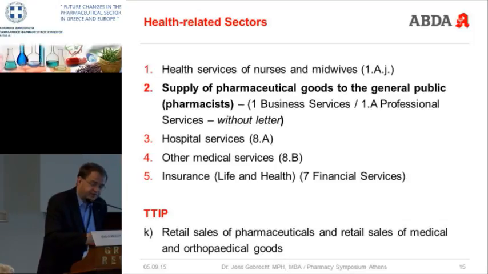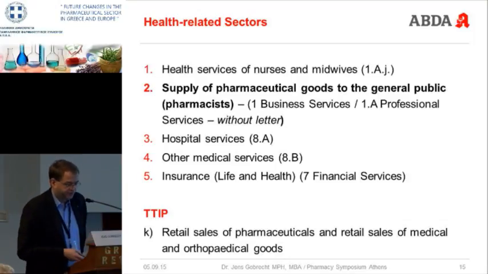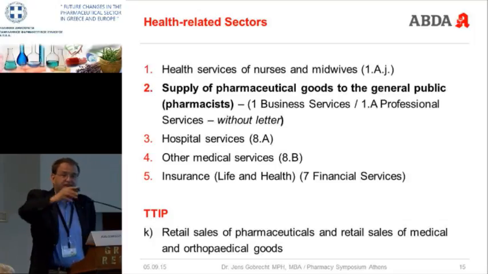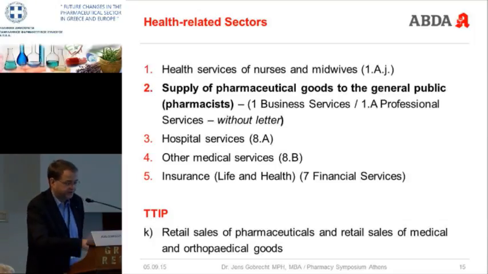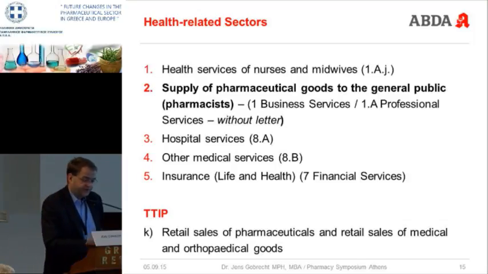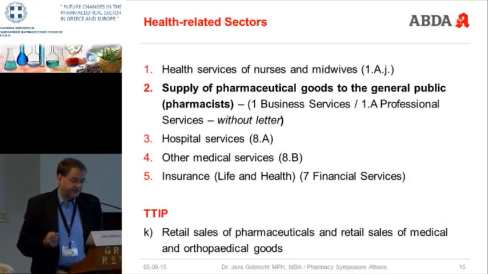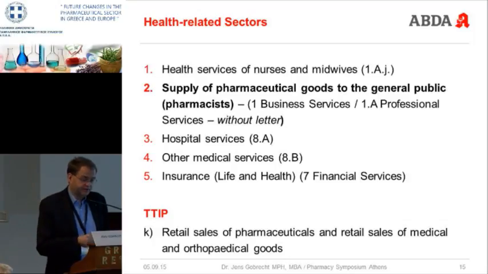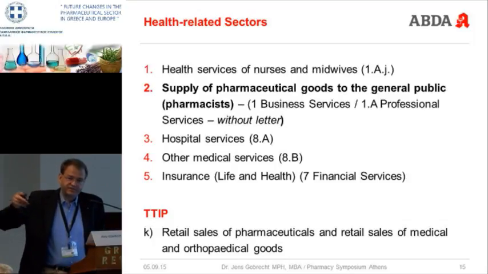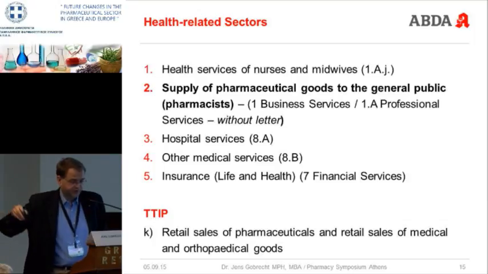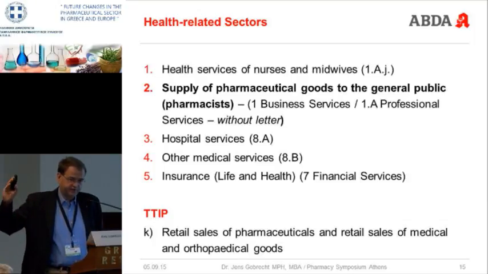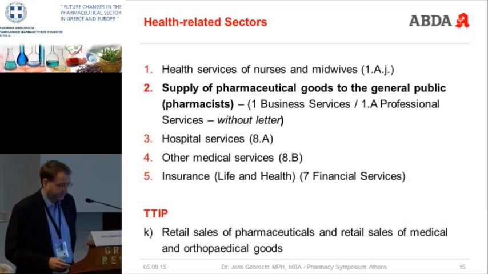And this you have to search for it. It is under business services and then professional services, and then the last one without any letter, this is the supply of pharmaceutical goods to the general public. Other service sectors are hospital services or other medical services, and then number 5, you have insurance and life and health, which is totally somewhere different, which is in section 7 under financial services.